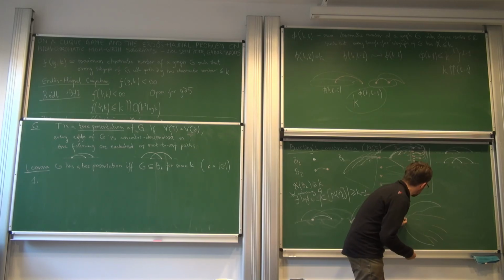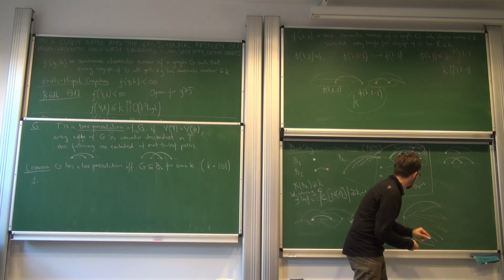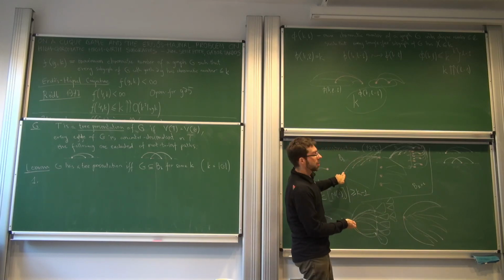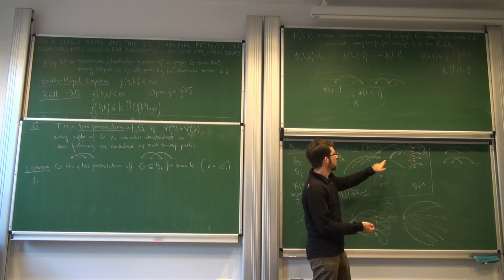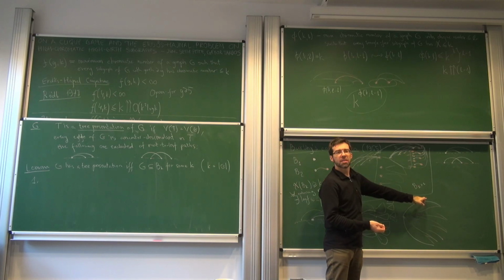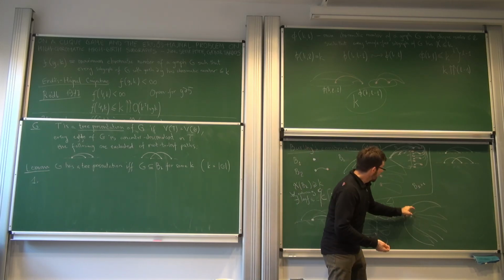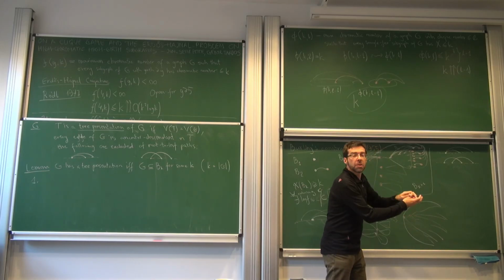So the root sends edges to all the leaves. Then basically we embed the root here because, as I said, doing this construction, the root is always connected to all the leaves. So we embed the root here, and then the other parts are completely independent.